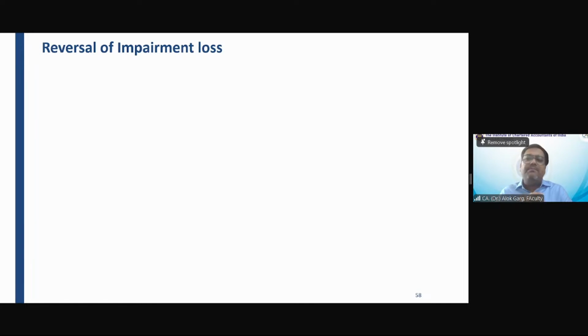You have booked an impairment loss on an asset, right? And subsequently, the asset's fair value has increased, the asset's recoverable value has increased. Okay. So you have booked an impairment loss. Why? Because due to the external factors, you have seen there is an indicator of impairment and the value has gone down. But now the indicator has been reversed. Now the demand of this product has gone up, right?